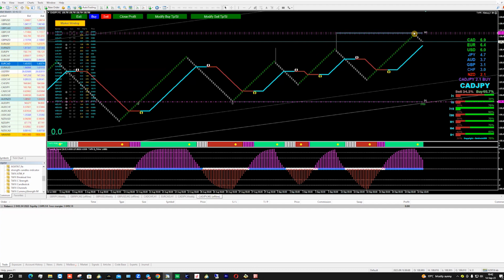We are in a resistance, waiting for the market to break this resistance. And when the resistance becomes the support, and our strength meter here tells us the card, which is the base currency, is still strong, then we can buy. But right now we cannot buy. All right, guys, we cannot buy.